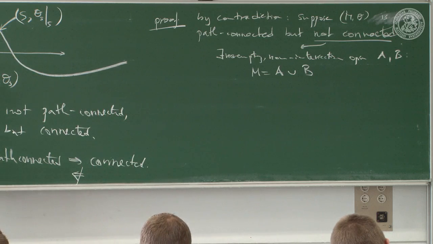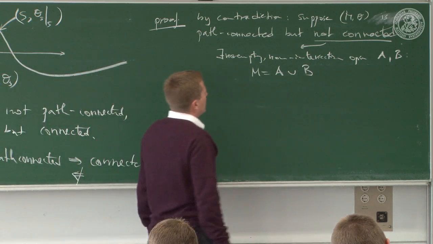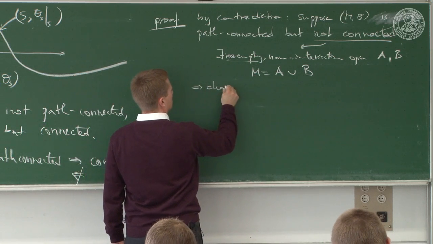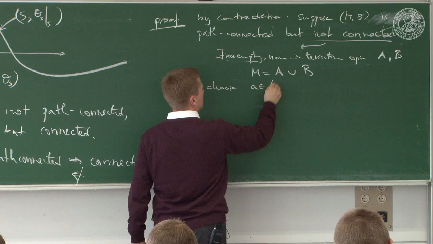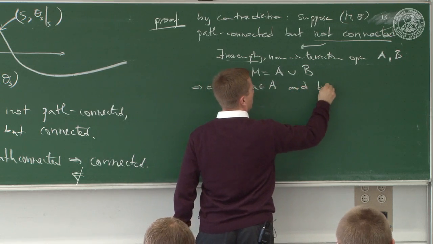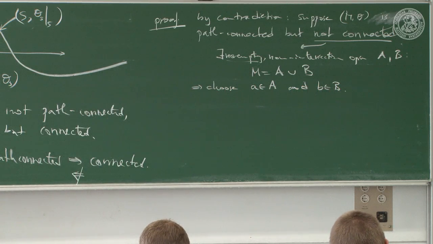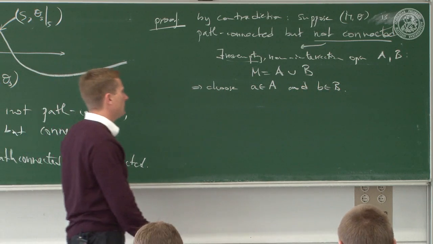Now, if these two sets are non-empty, we can choose a point a in A and a point b in B. If they were empty, that would be a problem.